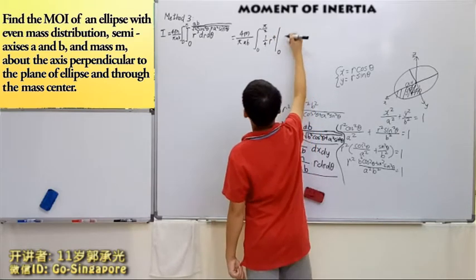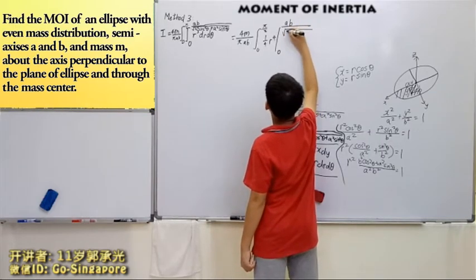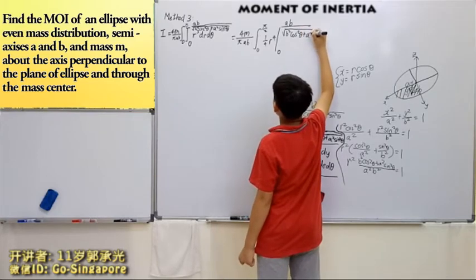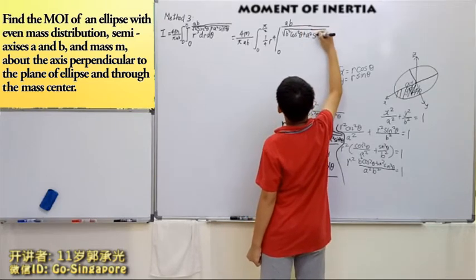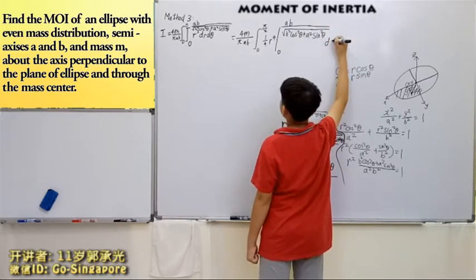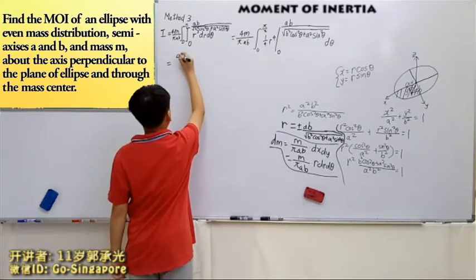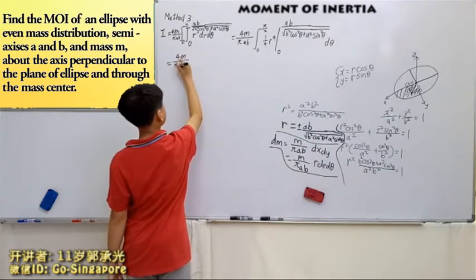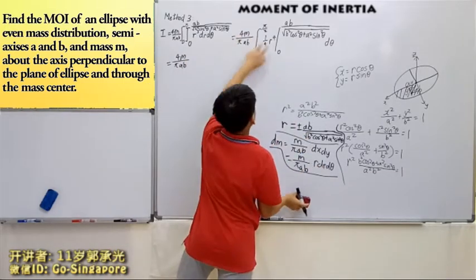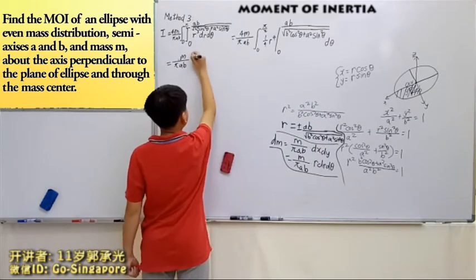R is from 0 to AB over square root of b squared cosine square theta plus a square sine square theta. Like this. Next, 4 and a quarter simplified.